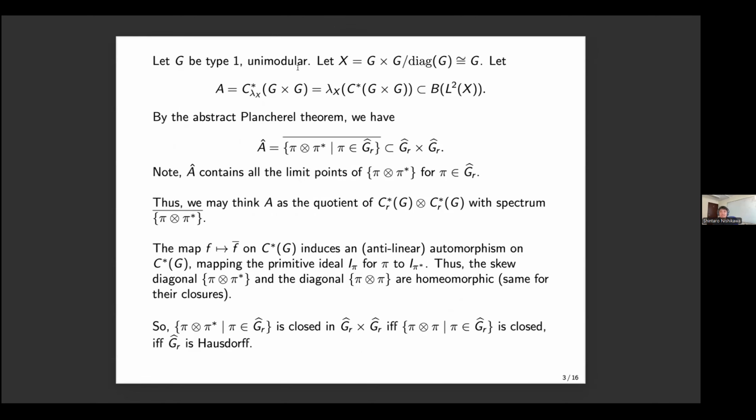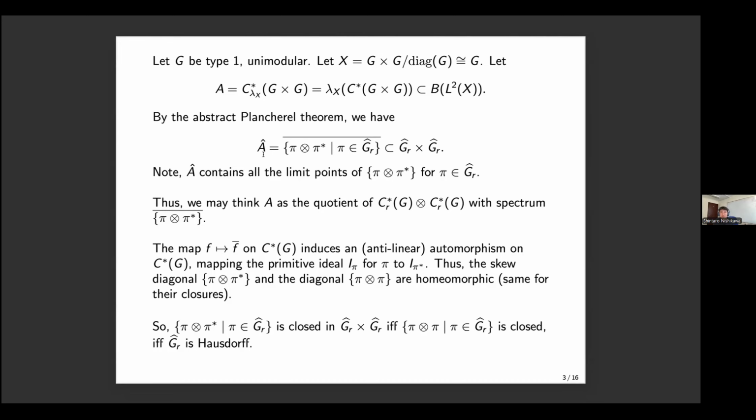Our assumption is that G is type 1 and unimodular, so most of the discrete groups you are interested in are excluded. Let X be G times G modulo diagonal G, just for notation, and let A be this quotient of the C-star algebra of G times G.